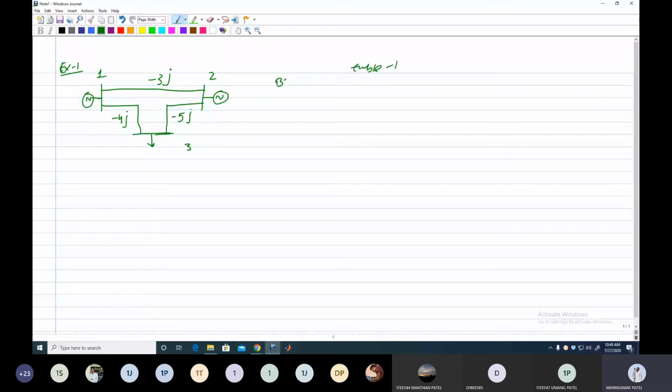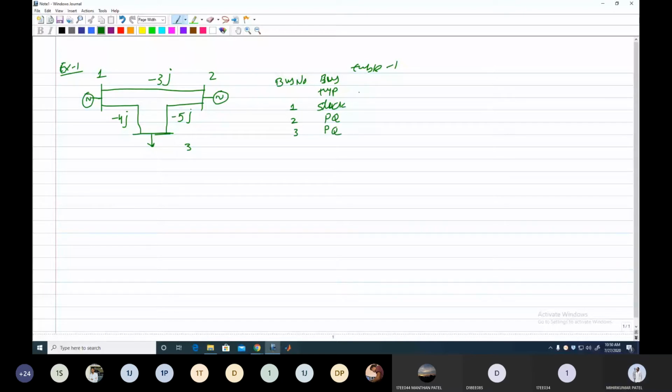Starting from bus numbers 1, 2, and 3, then bus type. Bus type is already given to you. Bus number 1 is a slack bus, the second bus is PQ, and the third one is PQ again.